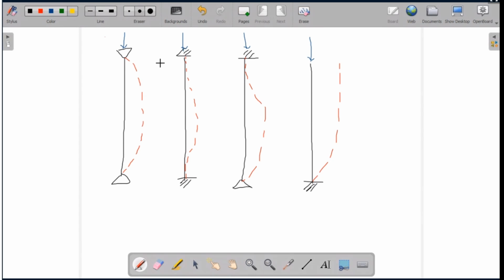So in this case, for pin-pin connection, we call this the effective length, or in some books, the unbraced length. The effective length, or unbraced length, is actually the length of the column that experiences significant deflections.